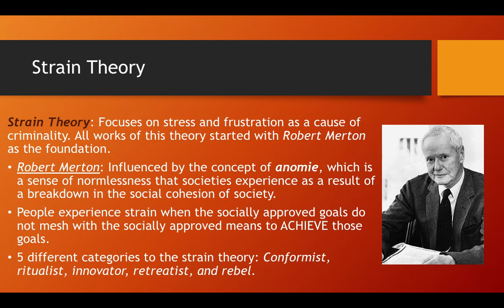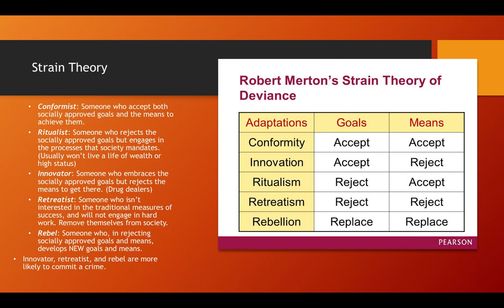So Merton, right? According to Merton, people experience strain when the socially approved goals do not mesh with the socially approved means to achieve those goals. So Merton identified 5 different types of categories within this theory, and here they are. They are the conformist, the ritualist, the innovator, the retreatist, and the rebel.